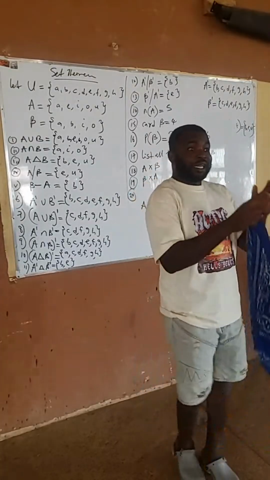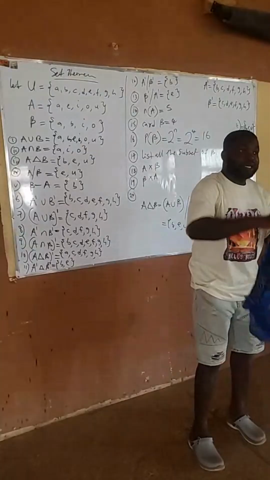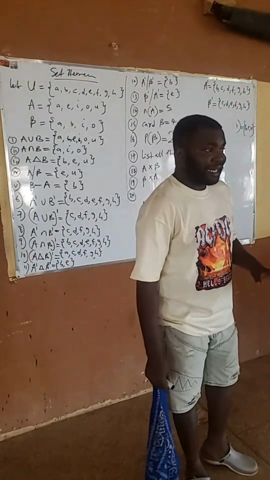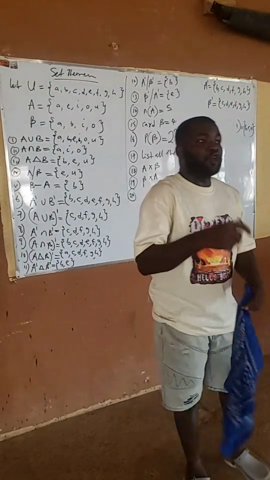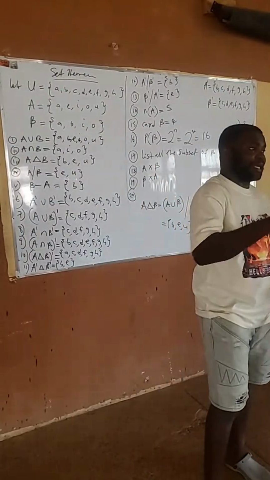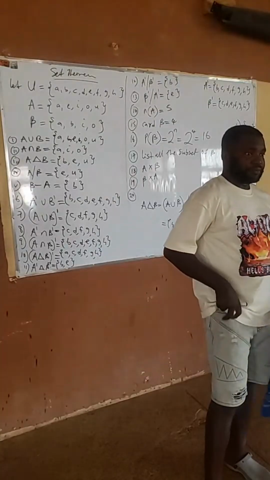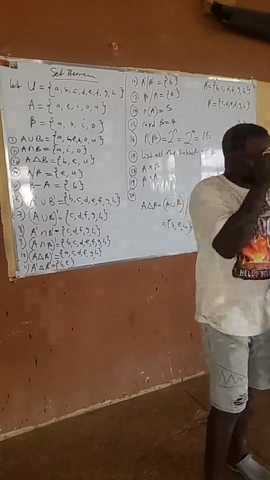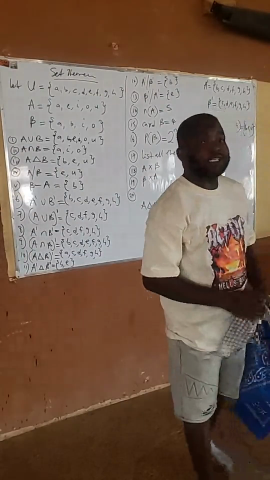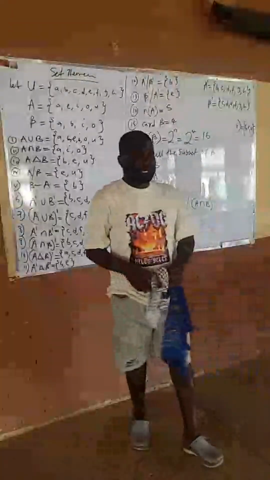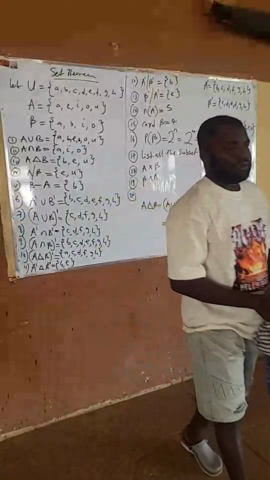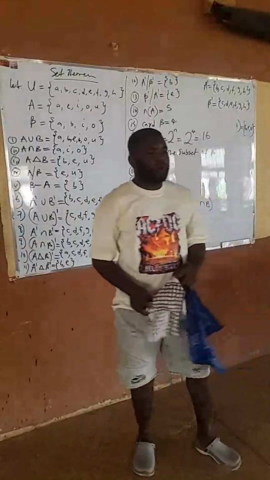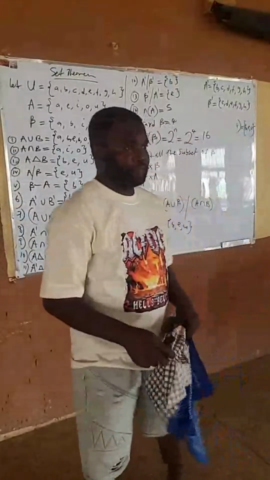The cardinality of set A means the number of all the elements in set A. Write that down.